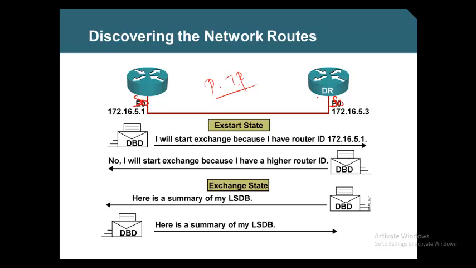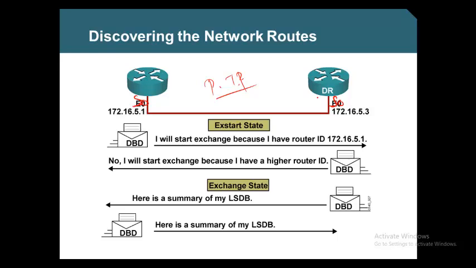In point to point also we have an election, but the roles of these routers will not be maintained once they form full adjacency. I repeat, until they form full adjacency, they will have a role to play.